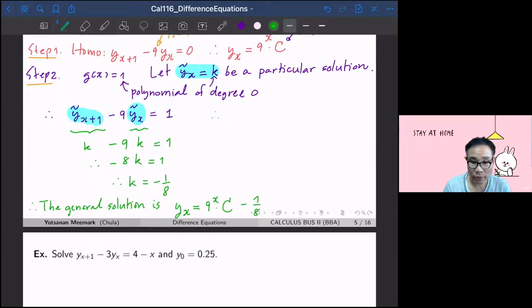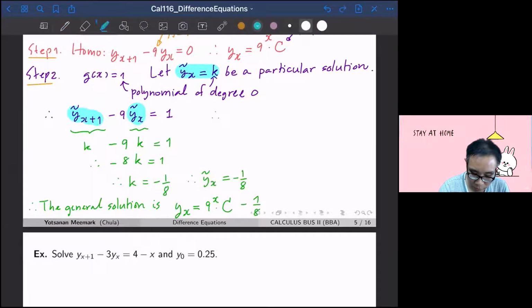So it's gonna be this particular solution. You have k equal to 1/8, and you have y tilde(x) equal to negative 1/8. And you're gonna use the general solution.